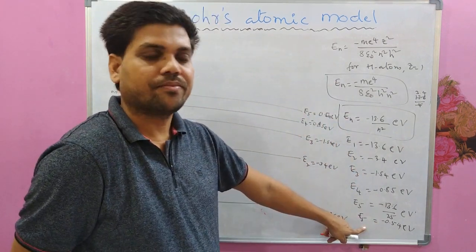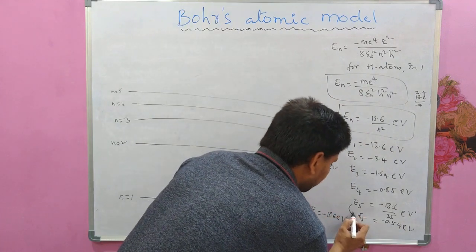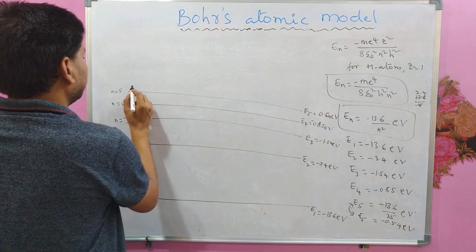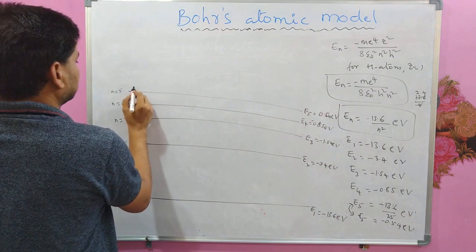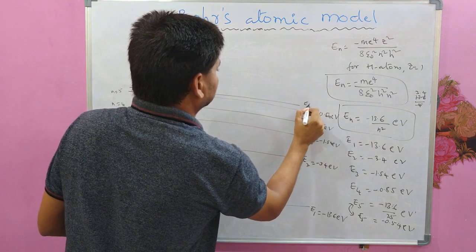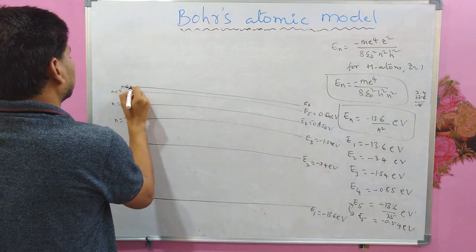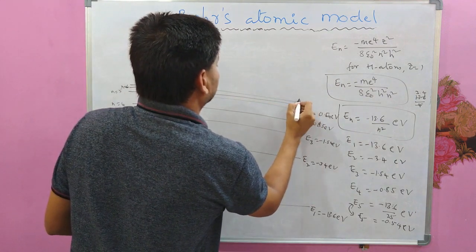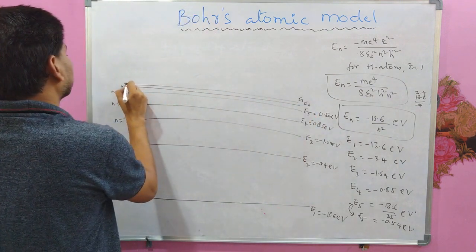Okay, similarly we will have other orbits, n equal to 6 with different energy, and n equal to 7 with different energy.